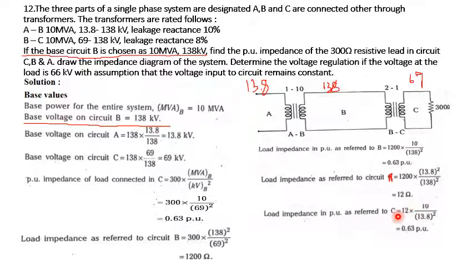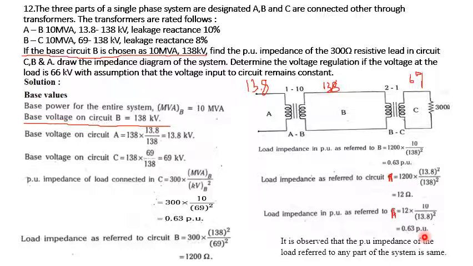Similarly, so we have to convert this, this is also circuit B, sorry, circuit A. Okay, so what you got is 12 ohm, the MVA is 10, and the voltage across the primary is 13.8. That's nothing but 0.63. So you can see that in circuit B, C, B, and A, this is 0.63 per unit.